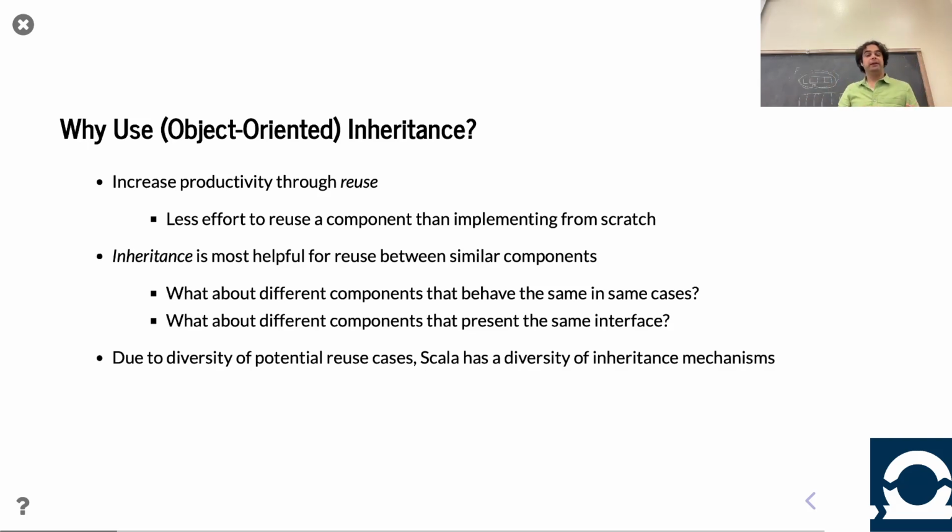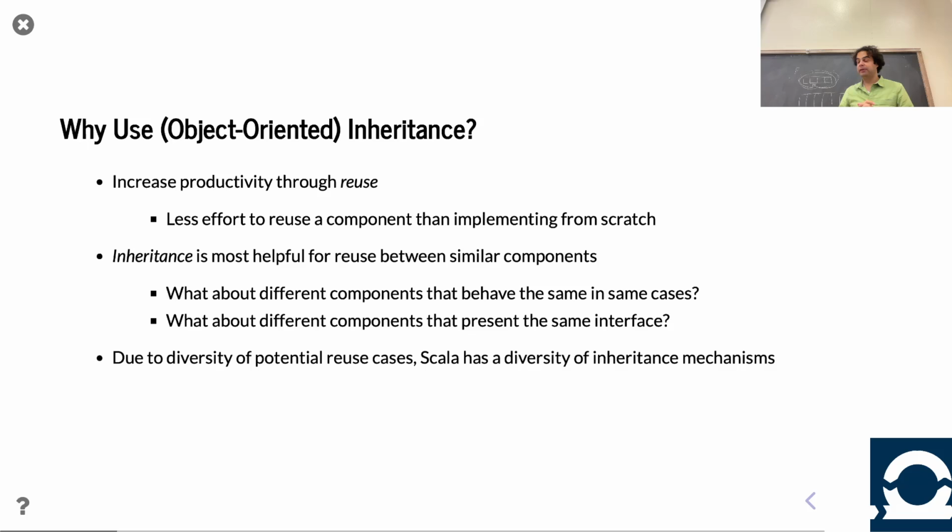If they are exactly the same, of course, I can just instantiate multiple times. But if they're similar but not quite the same, how do I reuse the code between both components, using the same code for things that are the same, and for things that are different, expose a difference? So that's what we're dealing with.